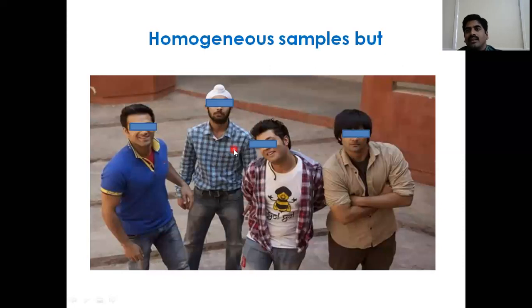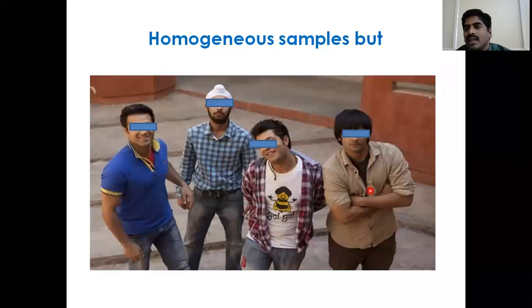Next, this is a homogeneous group. Age is the same, gender is the same, place is the same. If you take weights from these four samples, it varies from person to person. Even if you take a homogeneous sample, you will get some deviations.